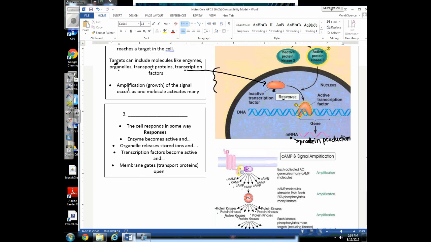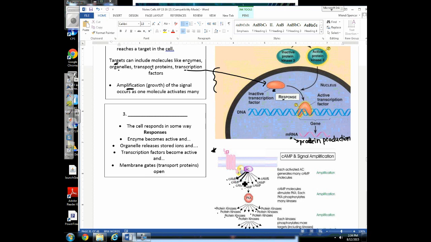Now, during transduction, or the spread of this signal throughout the cell, amplification is occurring. And amplification is the growth of this signal. And here's what I mean by the signal becomes amplified. In this diagram here, you can see that this molecule is activated, and it is activating all of these cyclic AMPs. I believe there's 7 of them there.